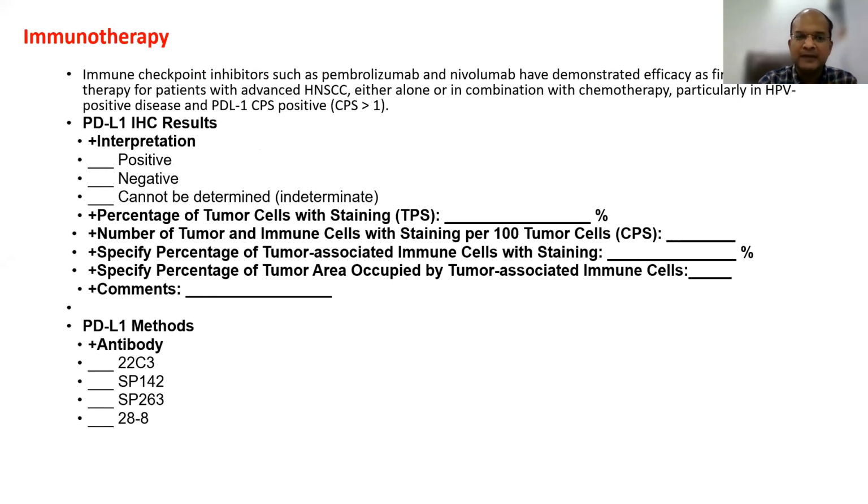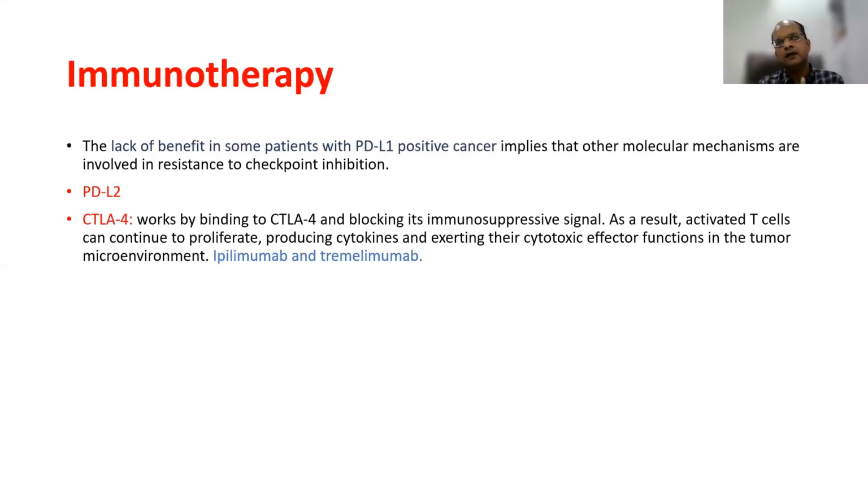We also have to mention ideally the immune cell positivity, that is, how much of the tumor area is involved by immune cells. Regarding which clone to be used, there are two main company clones available, Dako and Ventana. Dako 22C3 and Ventana SP263 both give nearly good results for therapeutic purposes. It is only the cutoff which we use.